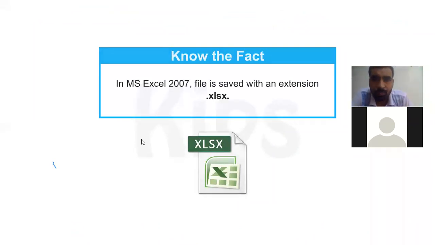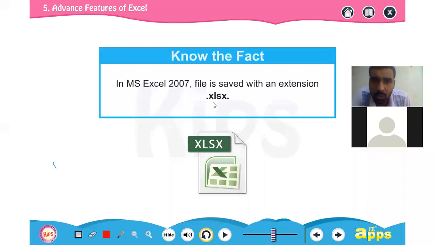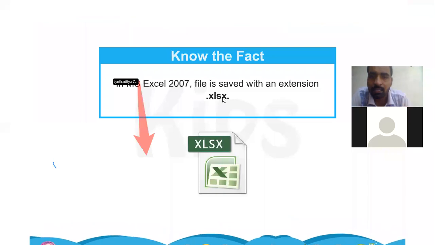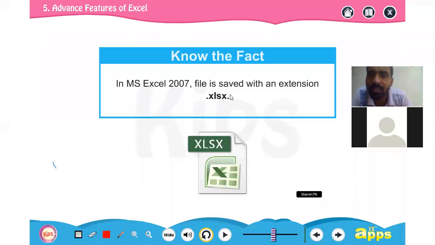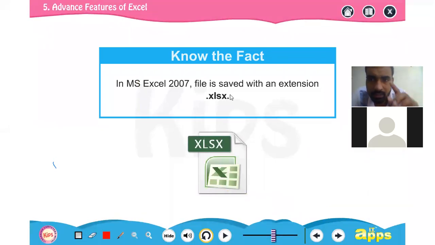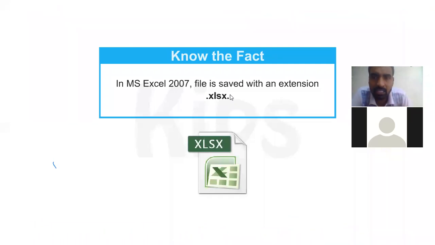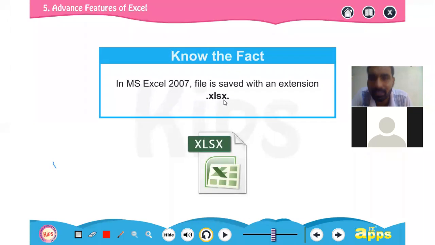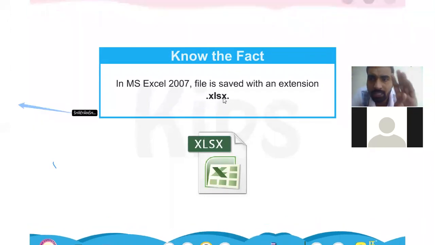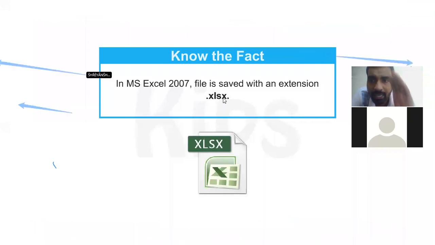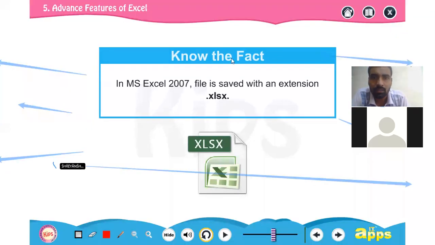But before that, one more thing you should know, that when we save a file in MS Excel, the file name is saved with an extension. The file name is given with an extension, that is .xlsx. 4 letters are given. .xlsx. This is called extension name of Excel file.